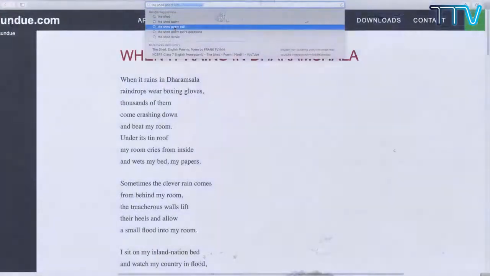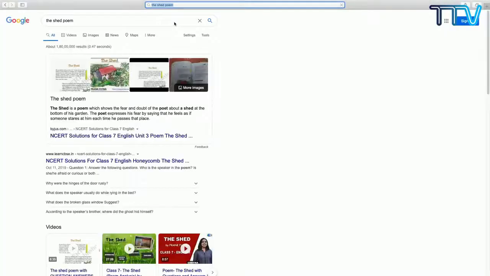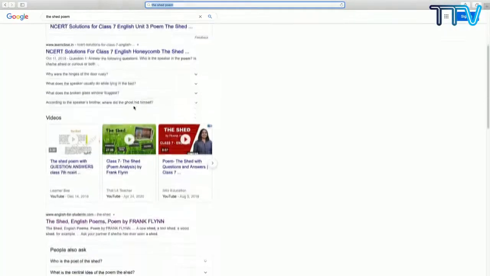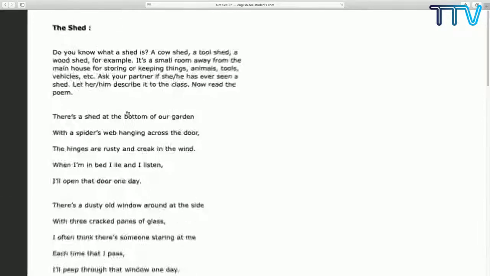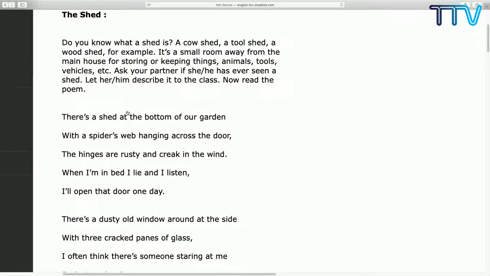I'm sure you all have done this, but for the sake of example, I'm going to go through the shed poem. If you get time, you can also go through this poem.